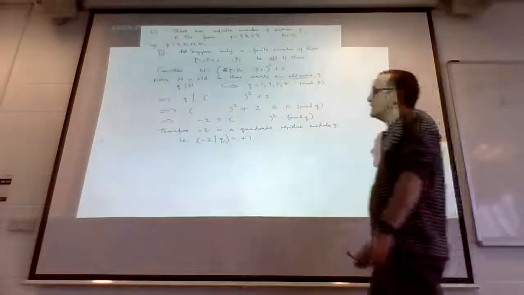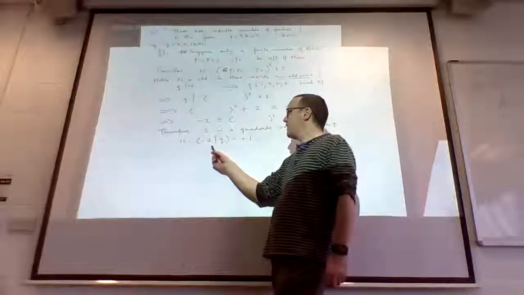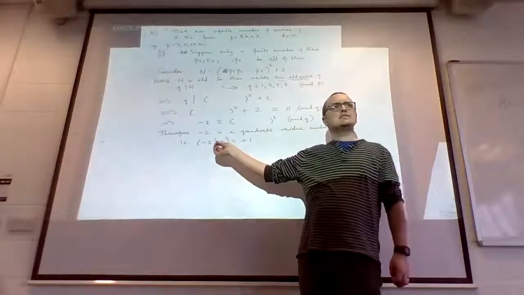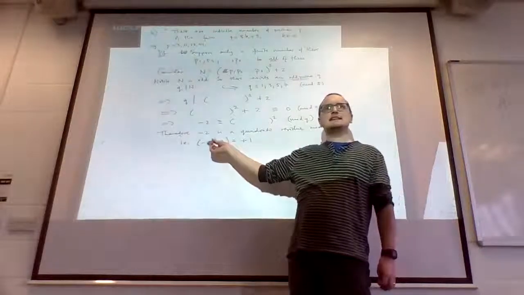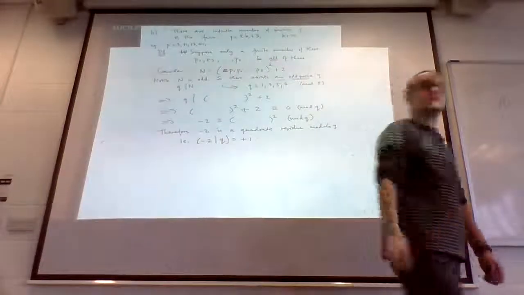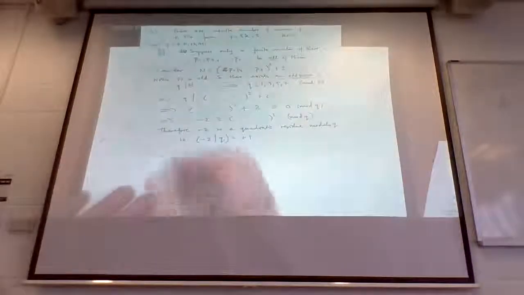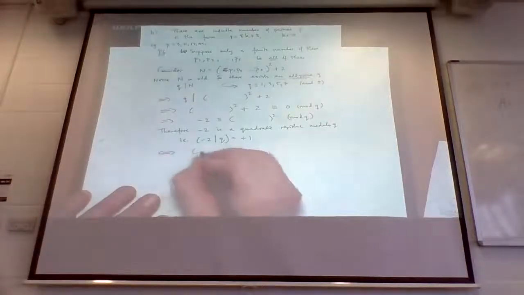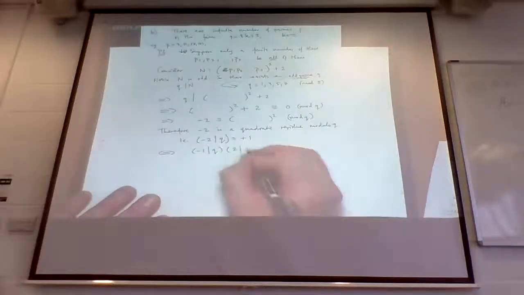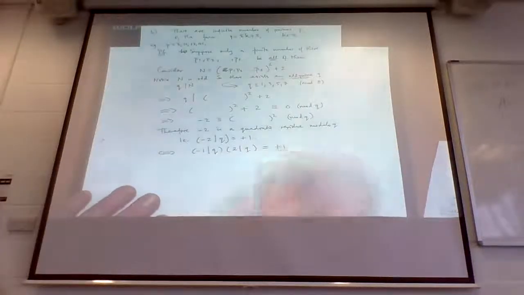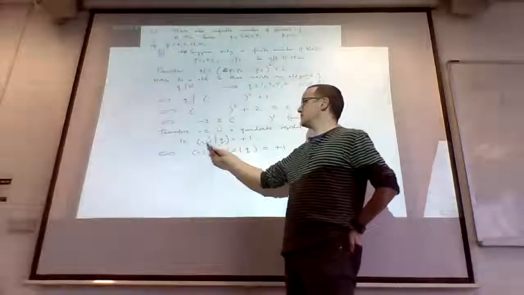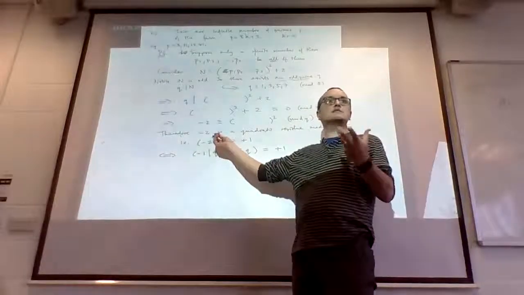Now, what could you do with this Legendre symbol? Is there any way you could simplify or expand it, break it up into minus 1 and 2? Yeah. So that's equivalent to saying the Legendre symbol of minus 1 mod q times the Legendre symbol of 2 mod q multiply together to give plus 1. Because remember, the Legendre symbol, considered as a function of the first argument, is a multiplicative function.